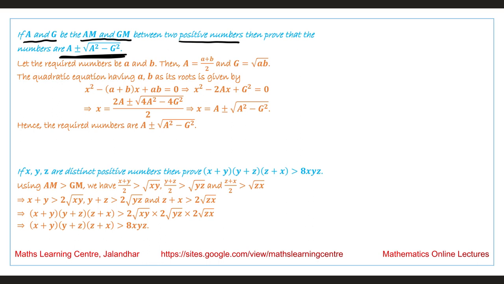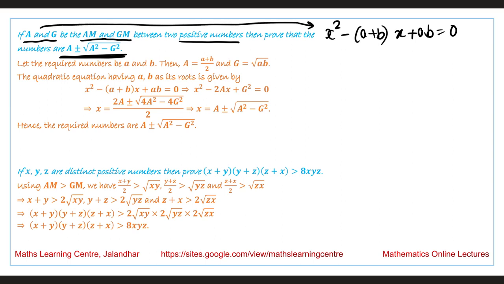So we have already seen that if a and b are the roots, then the quadratic equation is formed by x square minus (a plus b) x plus ab is equal to 0, and we have seen that by substituting the values of A and G in this equation from the previous slide, we have obtained x square minus 2Ax plus G square is equal to 0. Now if we solve this quadratic equation for the values of x, we find the two positive numbers, that is, the numbers a and b.